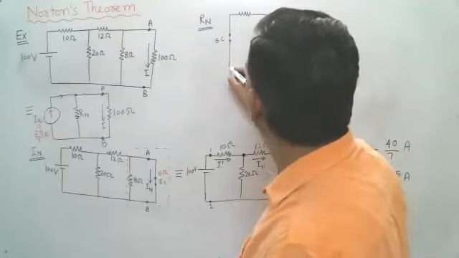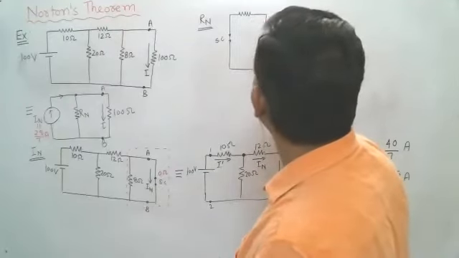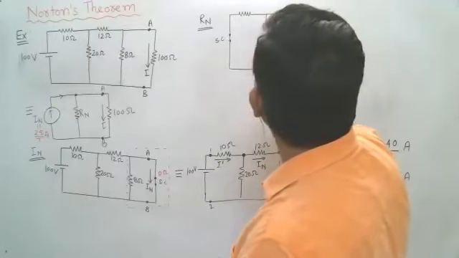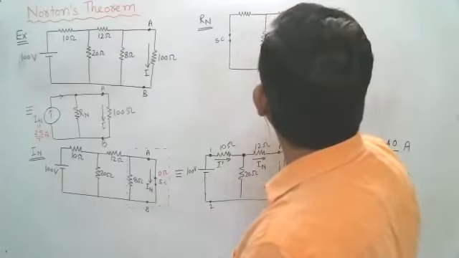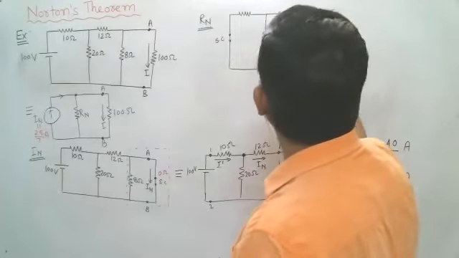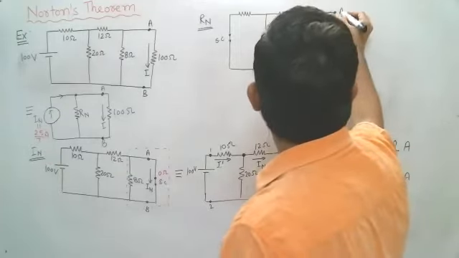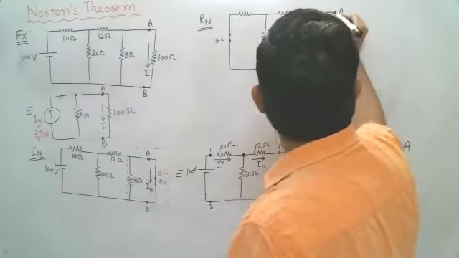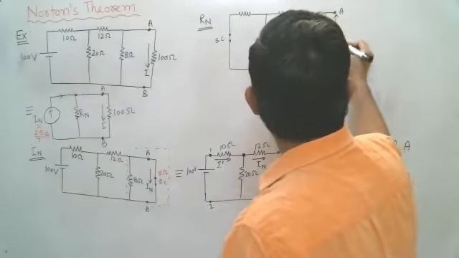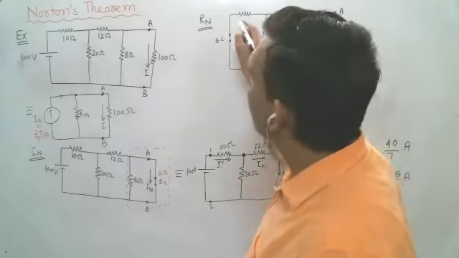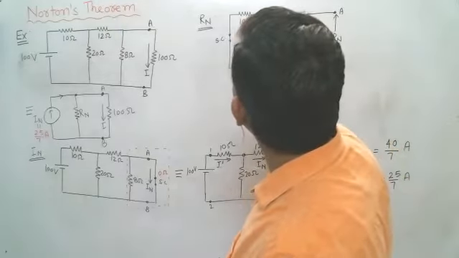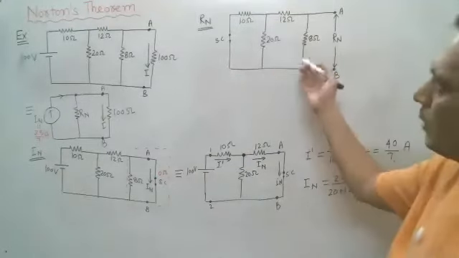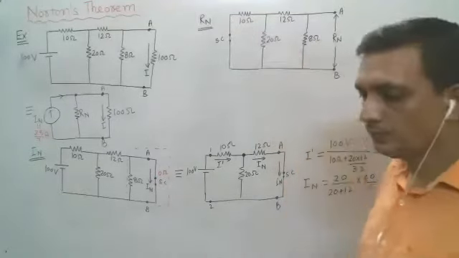This is 20 ohm. This will be 12 ohm. This is 8 ohm. This point is A. This point is B. And this equivalent resistance is R. 10 ohm, 20 ohm. So let us calculate RN.